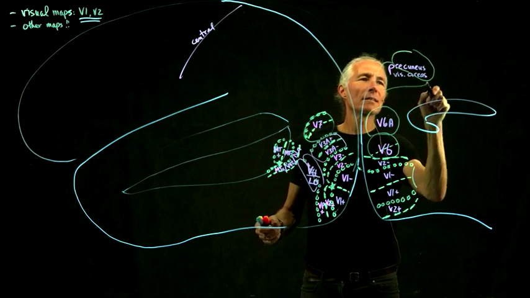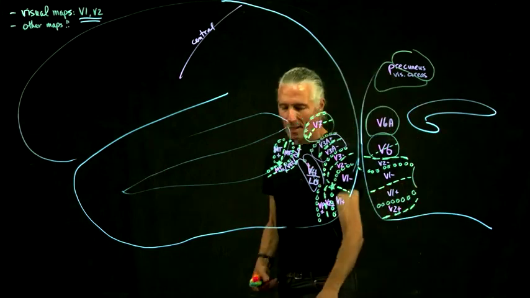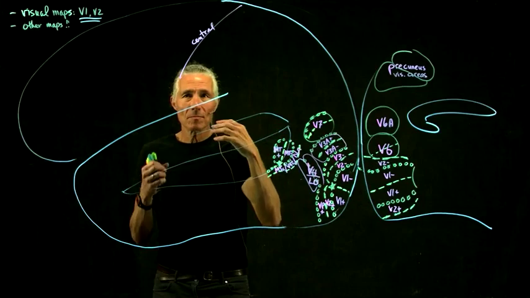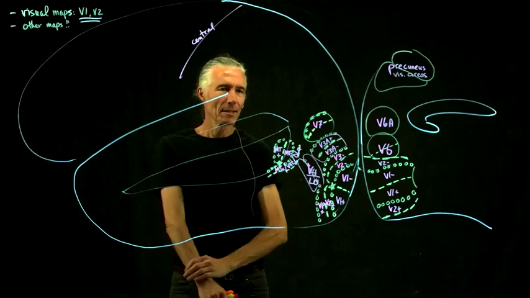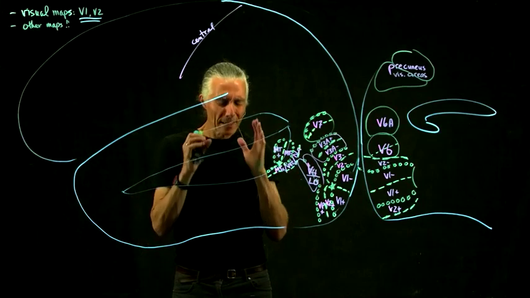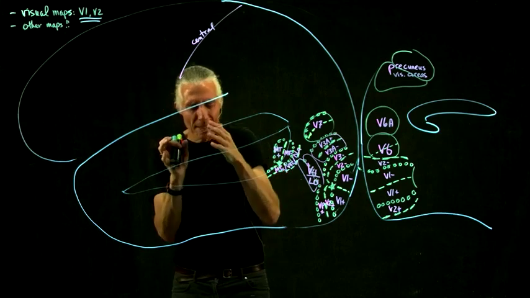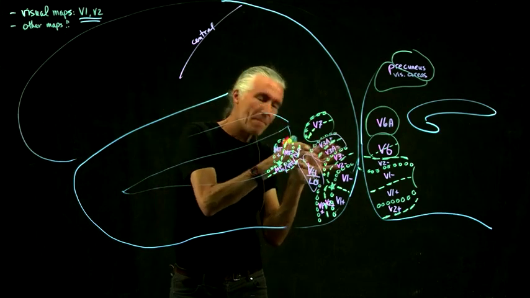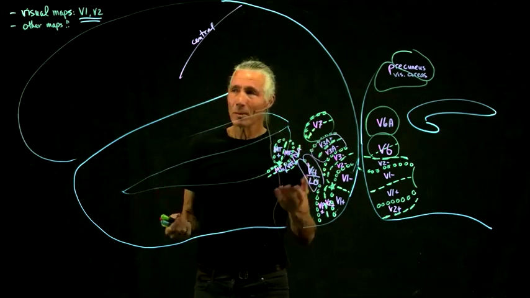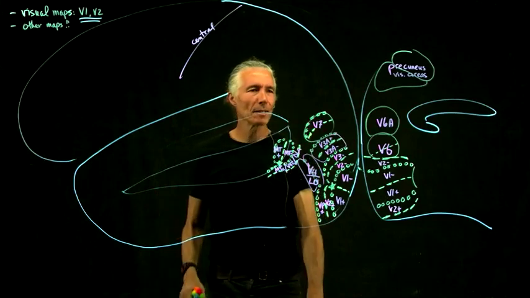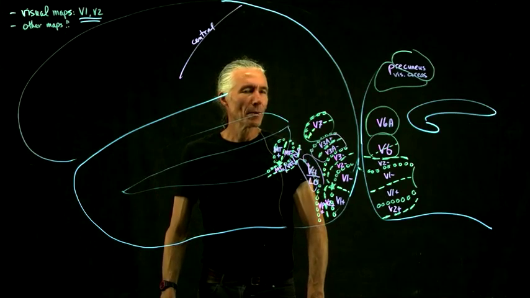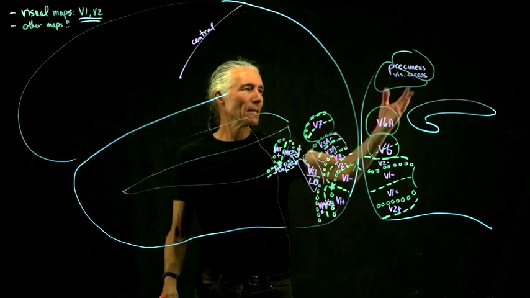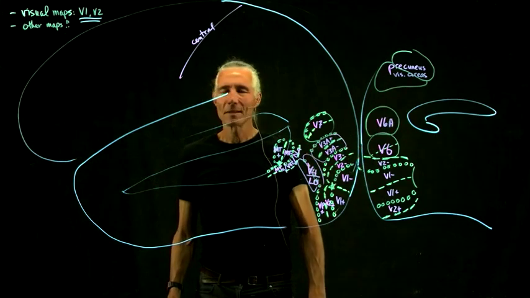These areas become active if you, for instance, imagine navigating through an environment. So if I close my eyes and just imagine walking out the hallway, this area would become active. It will become active if you present some visual stimuli to it as well. But even if there's no visual stimuli, this area can become active.